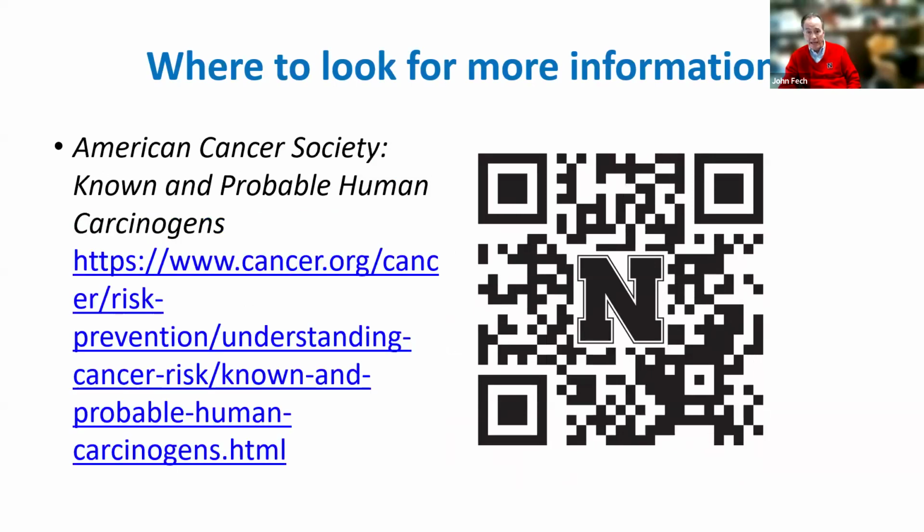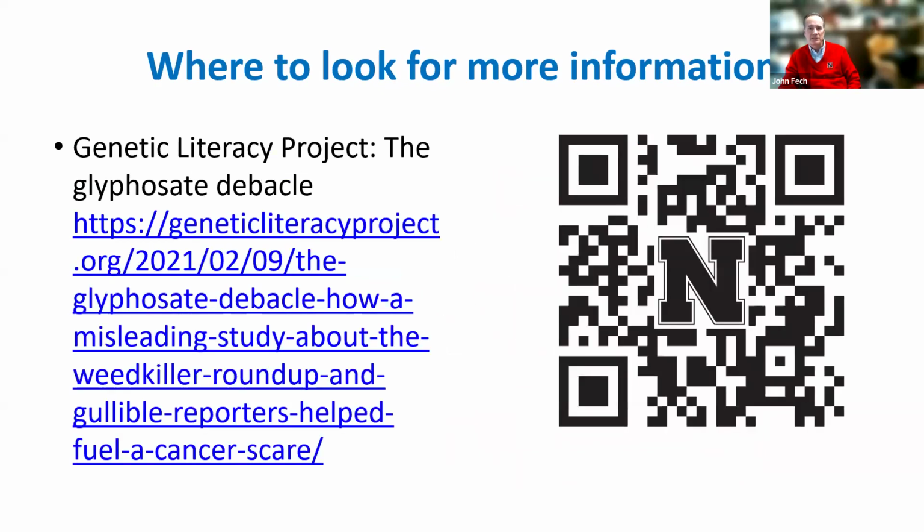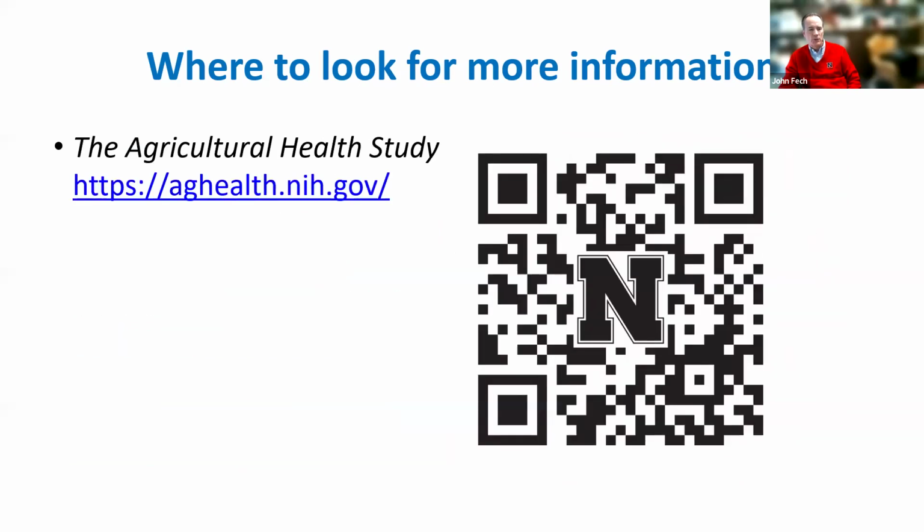This is from the American Cancer Society, again, a very reputable source. This is from Oregon State, from Casey Buell, communicating risk around glyphosate, and another one around glyphosate itself. So this one, this is more general, the Ag Health Study, and they will give you the information that you need.